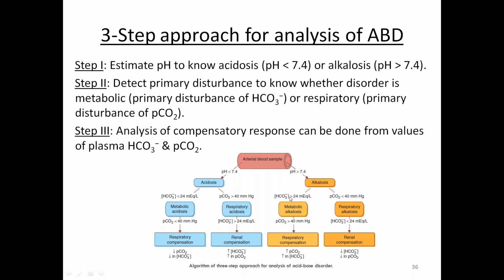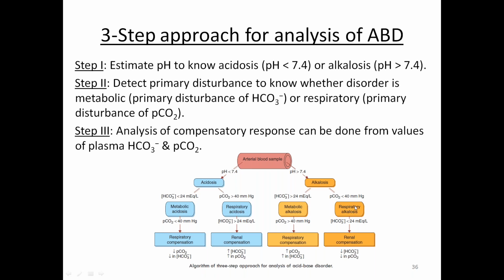So if you see a bicarb value less than 24, which is, I give you 22, it can't be the primary disturbance here. Okay. So most likely the primary disturbance is a lower PCO2, which is your 26, which I gave you. So that low PCO2 is leading to respiratory alkalosis.